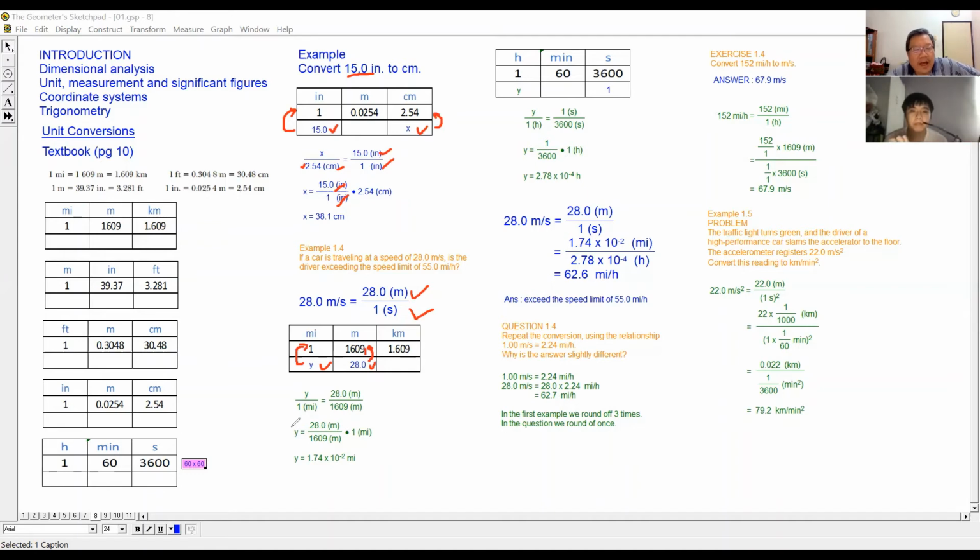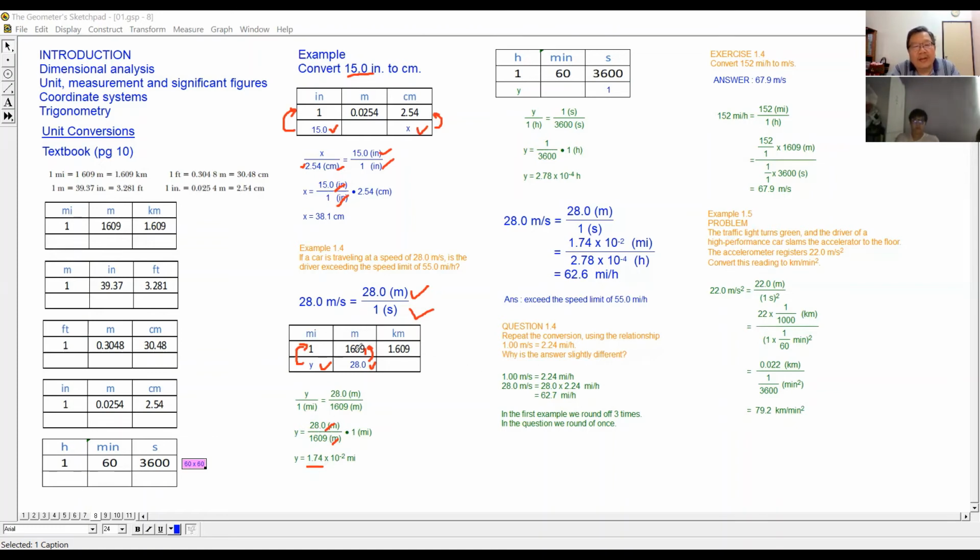So then I move the 1 mile over to the other side. The meter and meter can cancel away, so your answer will be in mile. How many significant figures do we have? 28.0 is 3 significant figures, so the final answer is also 3 significant figures.